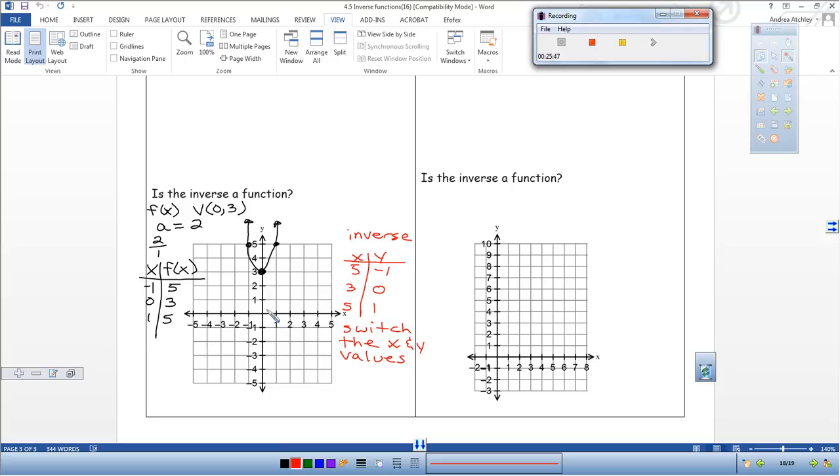Okay, so we're going to go on now where x is 5 and y is -1. We're going to go where x is 3 and y is 0. And go where x is 5 and y is 1. And this is my inverse graph. Okay, notice the inverse is just the parabola flipped on its side.